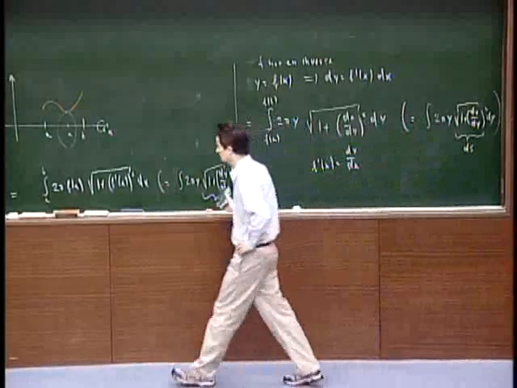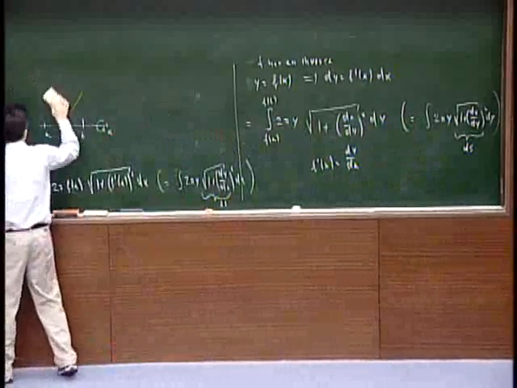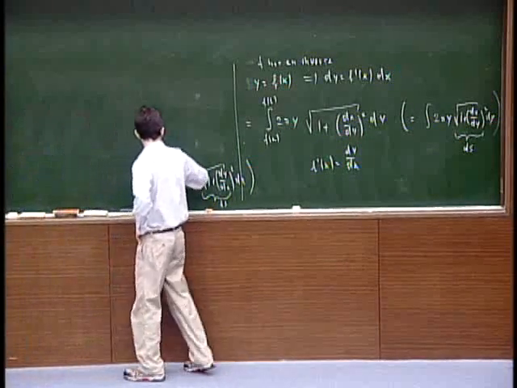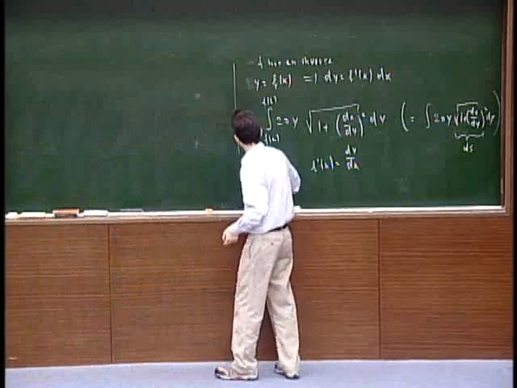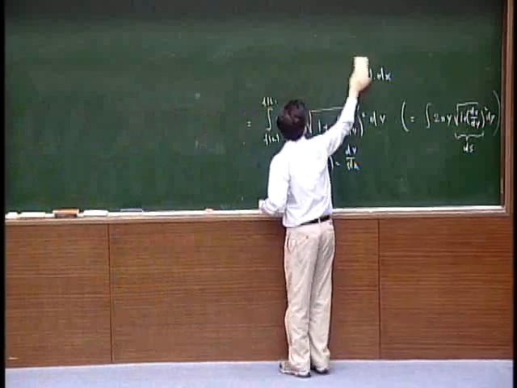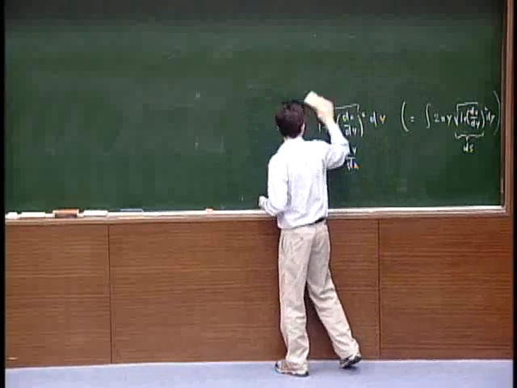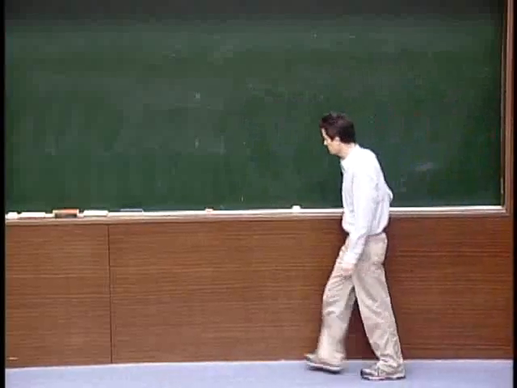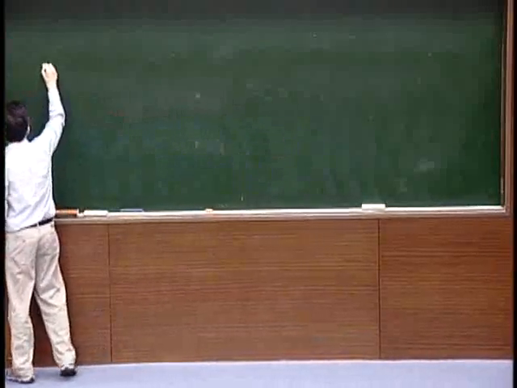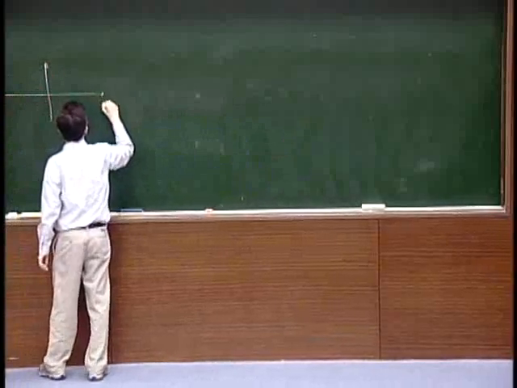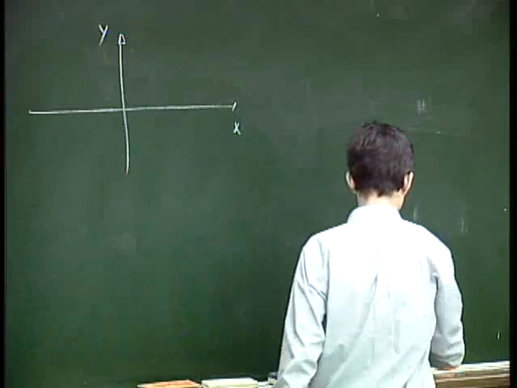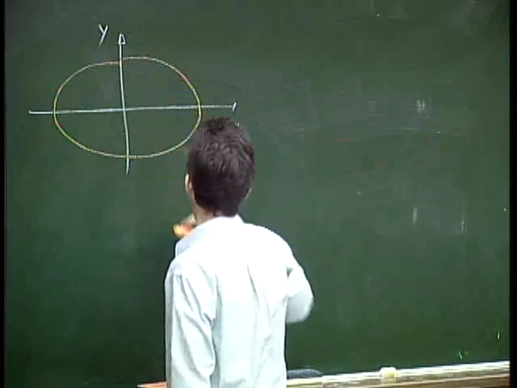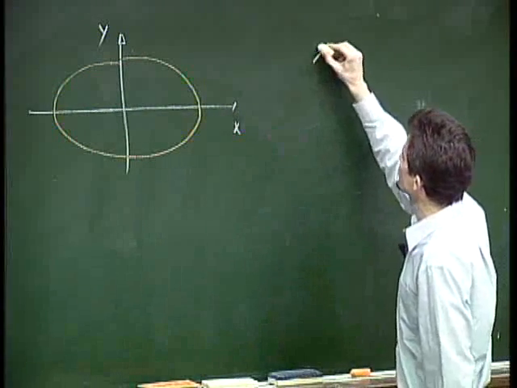So for instance, for the ellipse we cannot compute the circumference as we have discovered last time. But it's indeed possible, if you rotate the ellipse about the y-axis, to find the surface of the resulting solid of revolution, which is called the ellipsoid. Okay, so again we consider the ellipse.